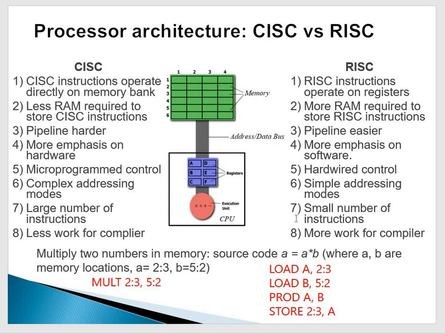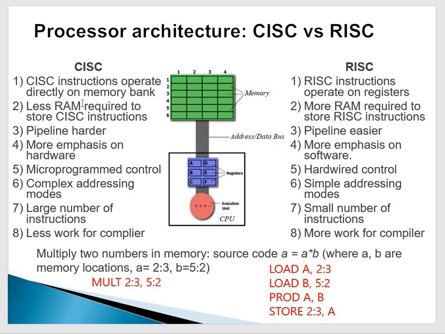But on the other hand, in the case of RISC, the instructions cannot operate directly on the memory, they can operate only on internal registers. That is why initially data has to be loaded for number A, then data has to be loaded for number B, then the multiplication is performed and then the result is stored to the external memory.